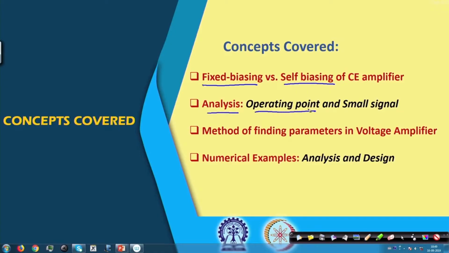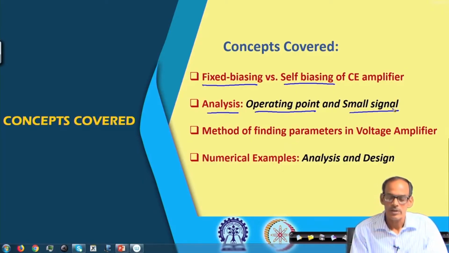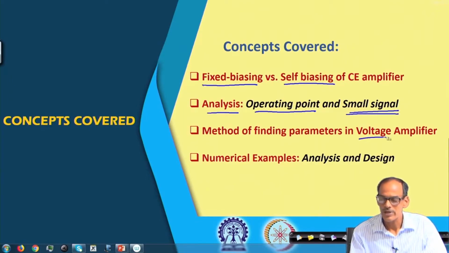One is the DC operating point analysis and the other is small signal analysis, which eventually gives us the small signal equivalent circuit of the CE amplifier with self bias. Then we will talk about mapping the small signal equivalent circuit of the CE amplifier onto a voltage amplifier, which has three important parameters, and how those parameters can be obtained in the small signal equivalent circuit.